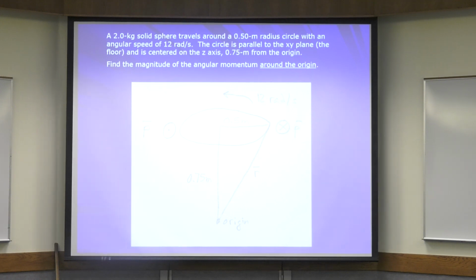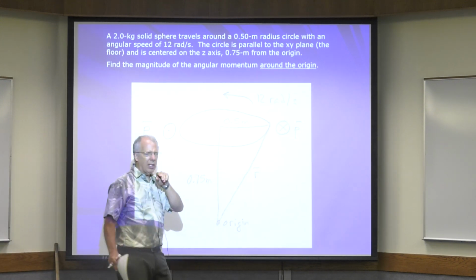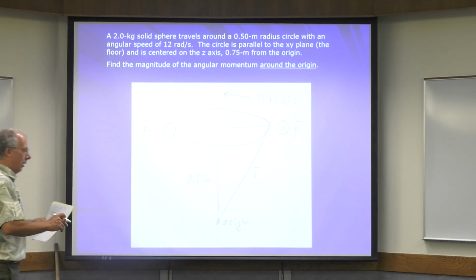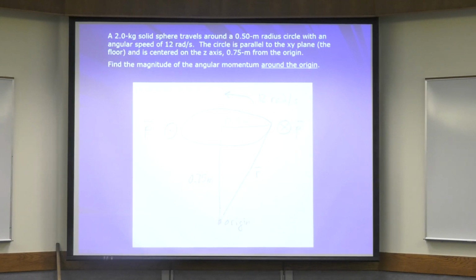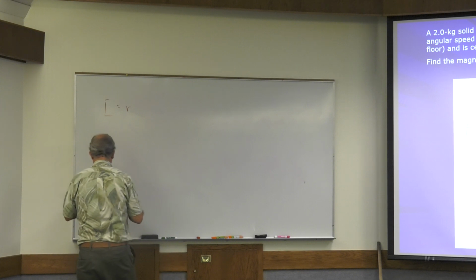Okay, now, you notice that the question is, find the magnitude of the angular momentum around the origin, or relative to the origin. So this is not one of these I omega things. Here you have to use the challenging definition. So the vector L equals R cross P, right?